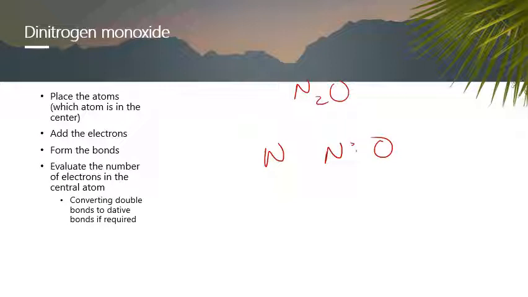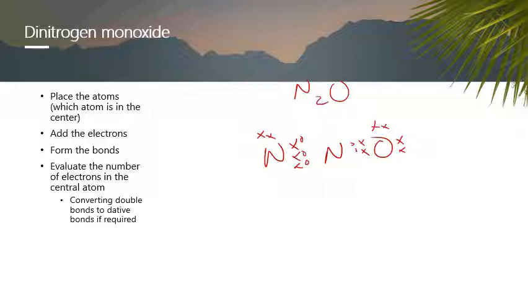So let's make 2 bonds. Nitrogen on the left hand side needs to form 3 bonds because it's group 15. Put in the other electrons. For oxygen, I need the electrons. The center nitrogen already has 5. Nitrogen on the left needs 2 more.